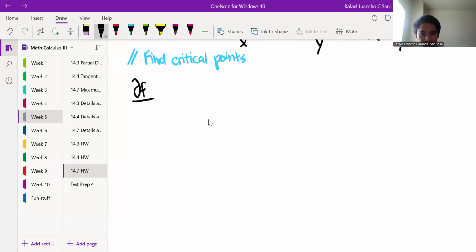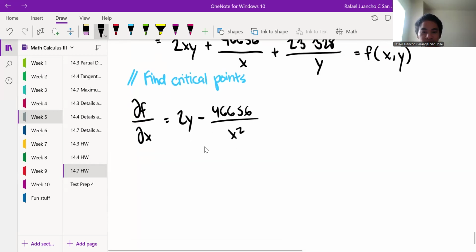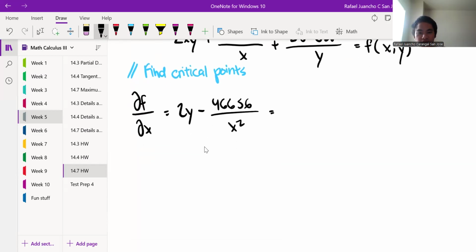We take its partial with respect to x as well as with respect to y. Here, I treat my x as a variable. So I get 2y minus 46656 over x squared, and I'm going to make it equal to 0.